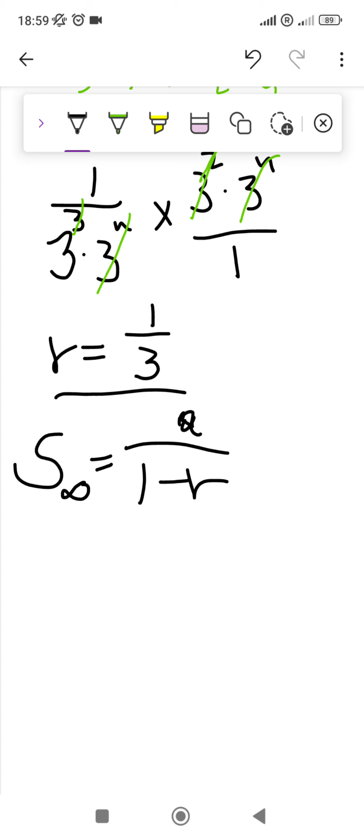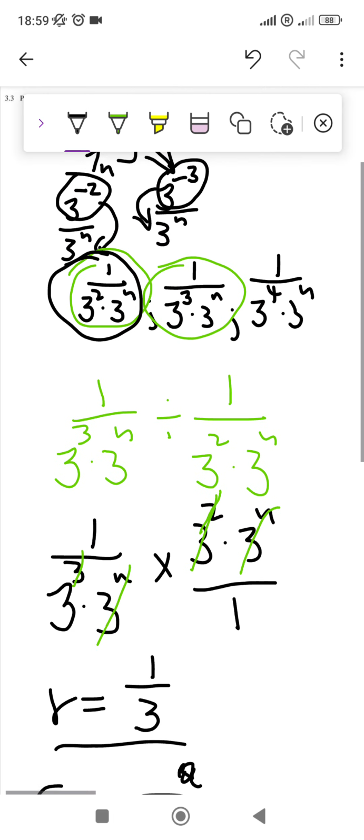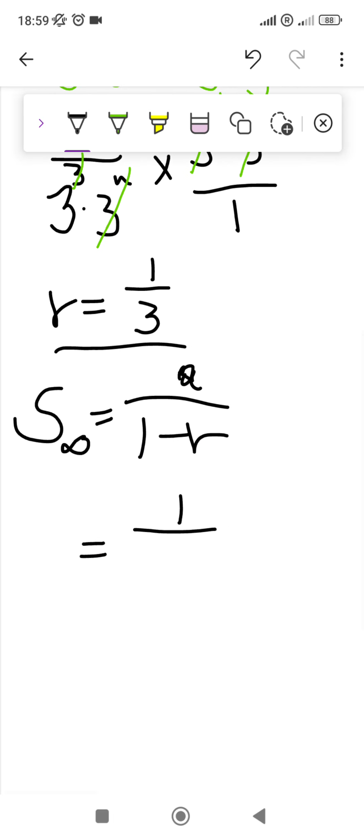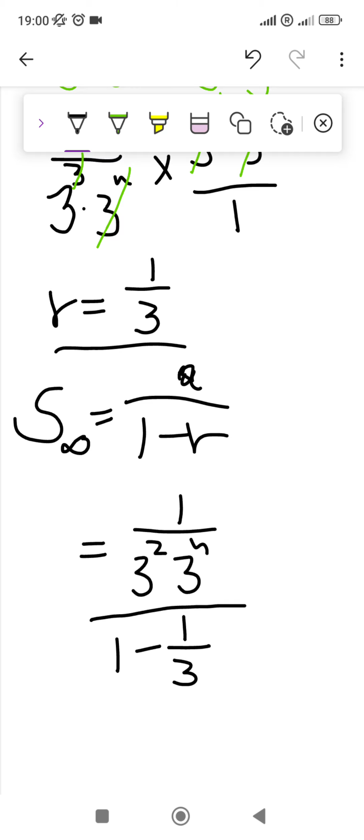So now we just need to do our substitutions. Our A value was 1 divided by, let's just double check, 3 squared, 3 to the power of n. And all of this gets divided by 1 minus our R value, which is 1 over 3.